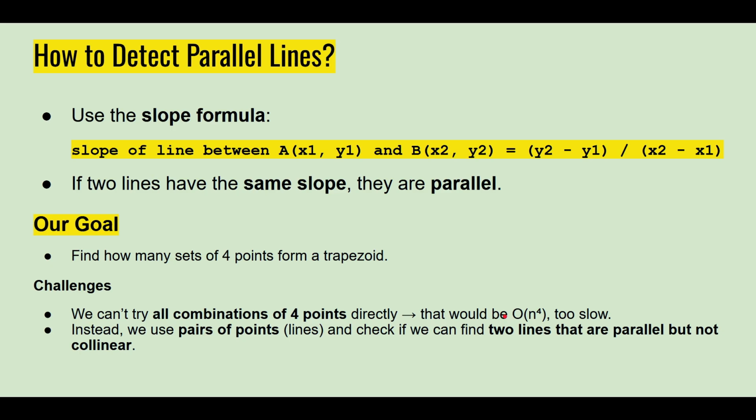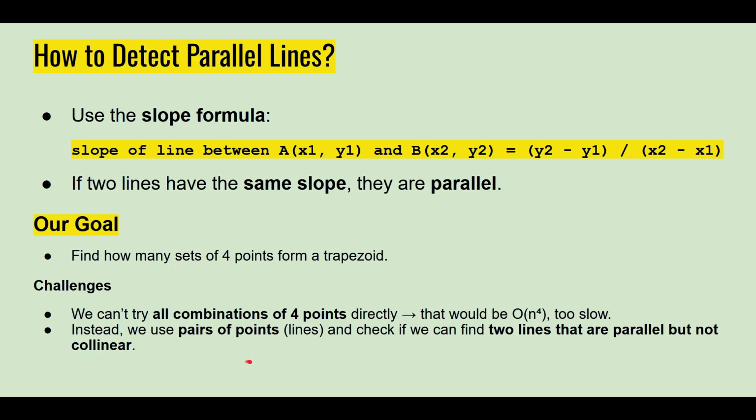That would be slow if we have a large volume, like here we are given almost 500 points, with coordinates from minus 1000 to 1000. So it will become a very slow solution.